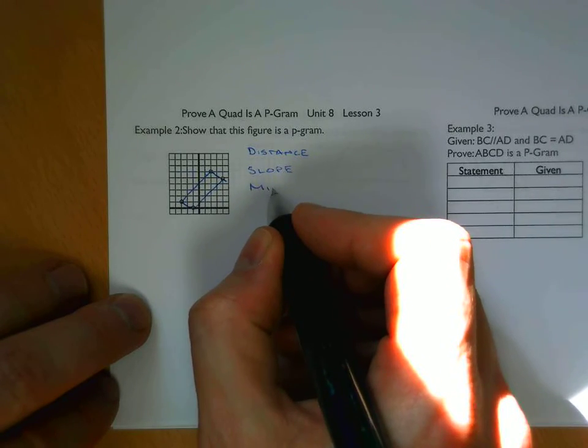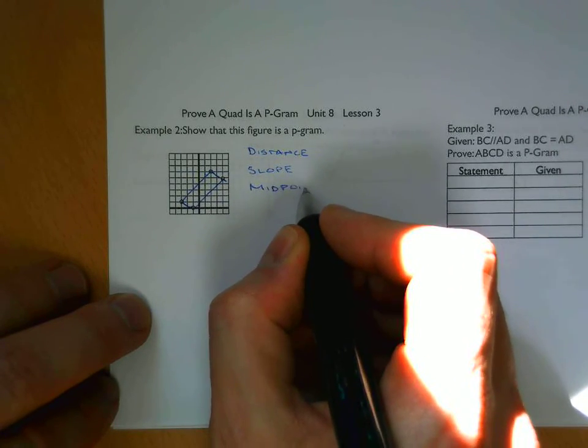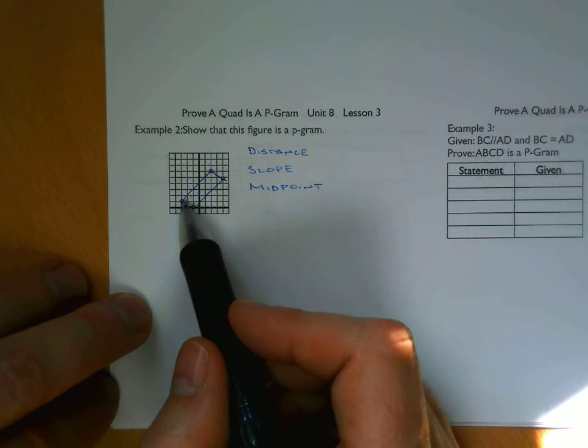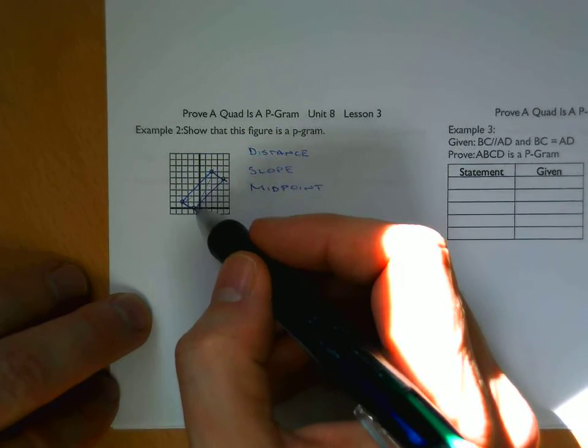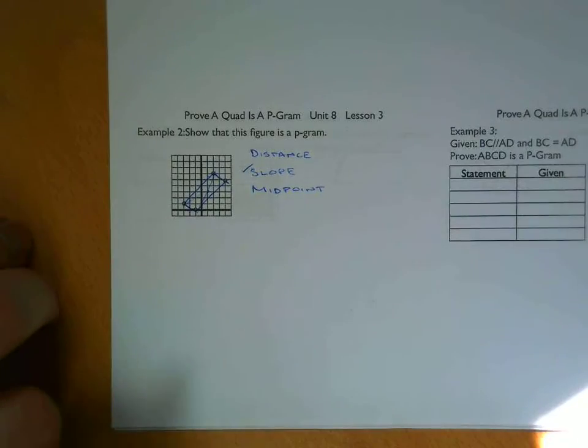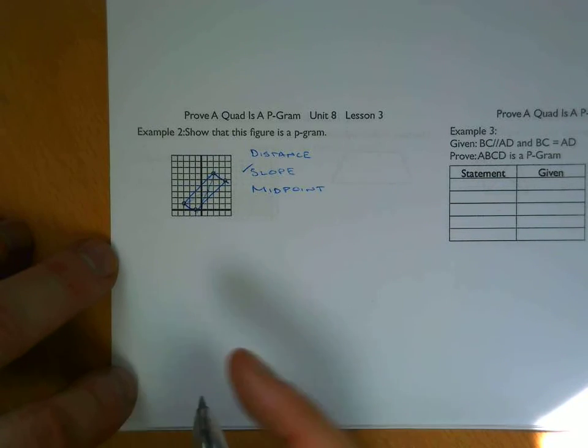The midpoint formula is another one that I could use. If I wanted to find the midpoint of both diagonals and show that those were the same coordinate, that would prove the diagonals bisected, and that would work too. Me personally, I'm going to use the slope formula. I think that's going to be the easiest. You can use whatever you would like.